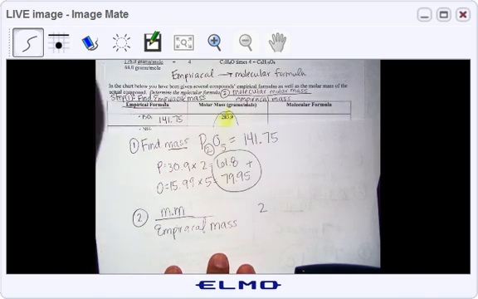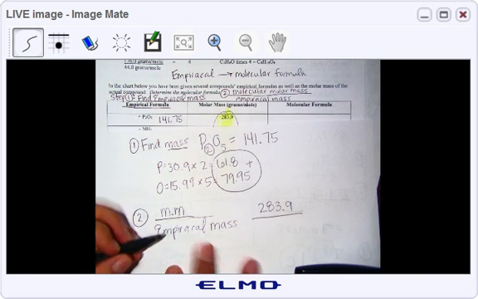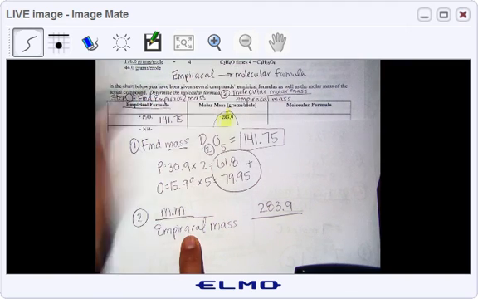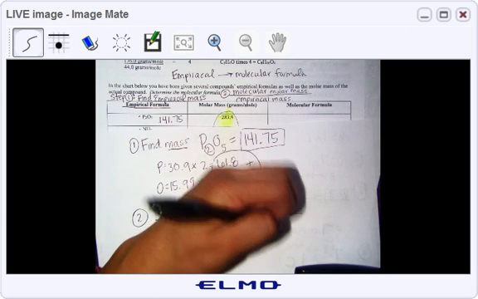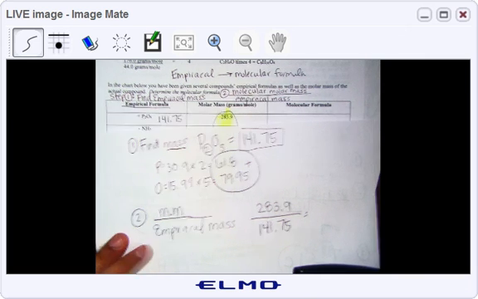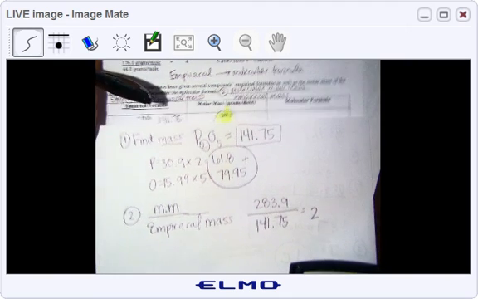So that's 283.9 divided by the empirical mass, which we just solved for, which is right there. 141.75. You plug it into the calculator. It gives me 2. Okay, what do you do with that 2?